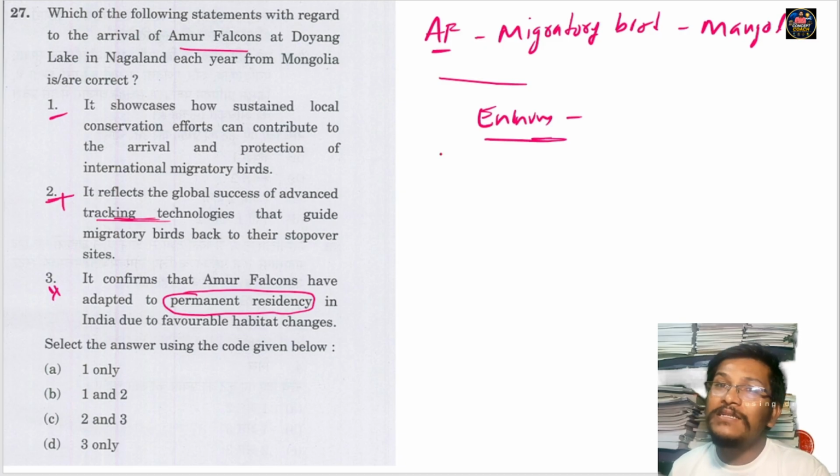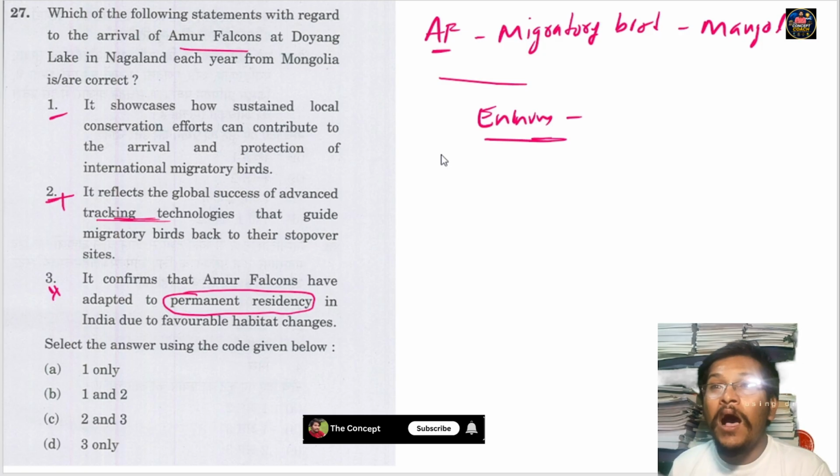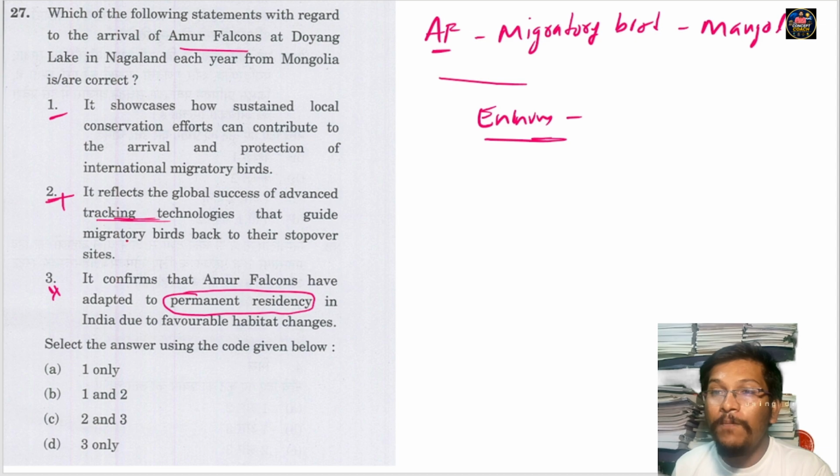Previously they were hunted, but through awareness campaigns, the involvement of the forest department, NGOs, and community people, they have been conserved. These conservation efforts contribute to the arrival and protection of the international migratory bird, the Amur falcon. So only one statement is correct. So option A is the correct answer for question number 27.